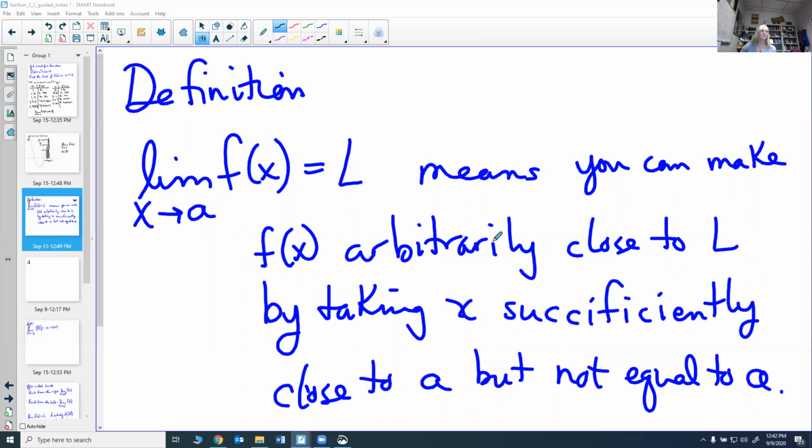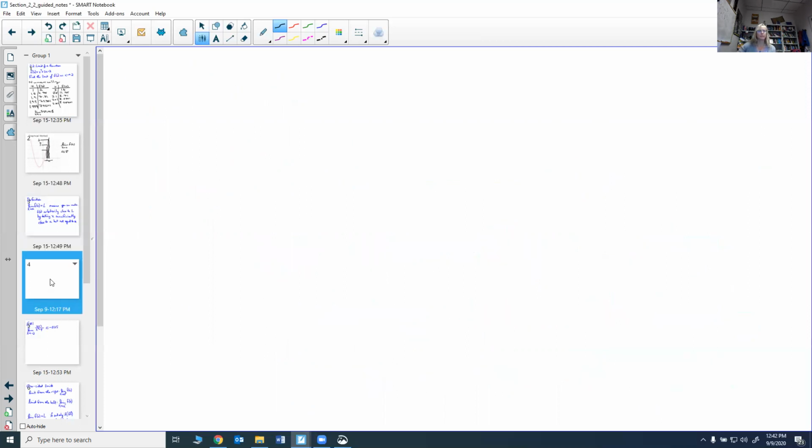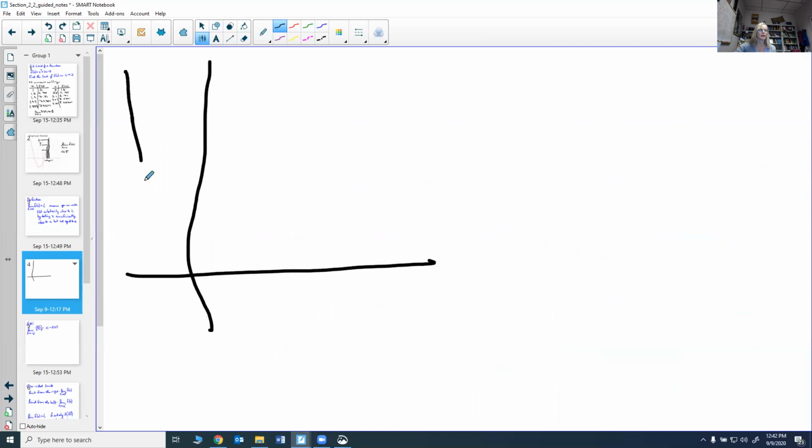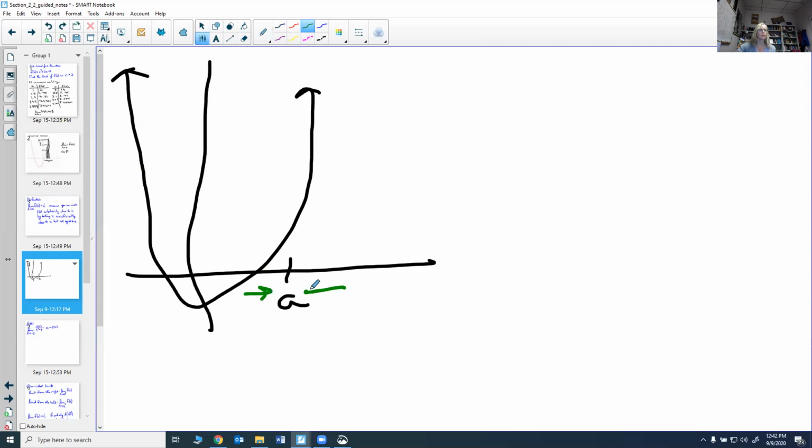When we say arbitrarily close, it's really how close you want to get. Sufficiently close is how close can you make x to your number? Graphically, what this means is if I have some function that's doing this, and here's a, all this means is that we're going to let x get closer and closer to a.